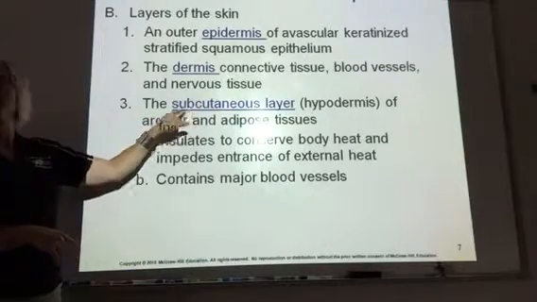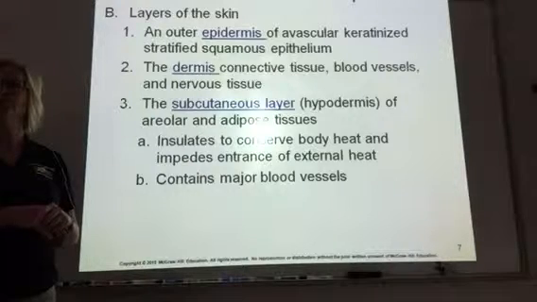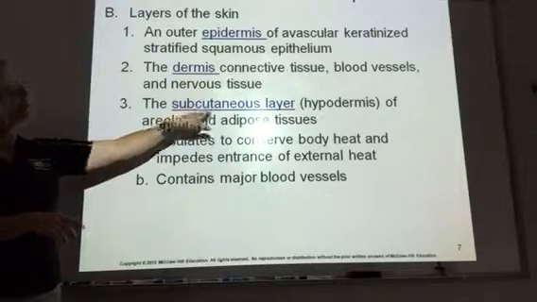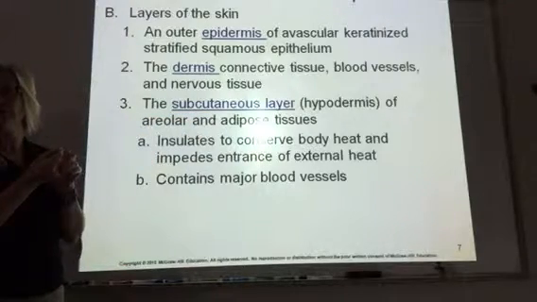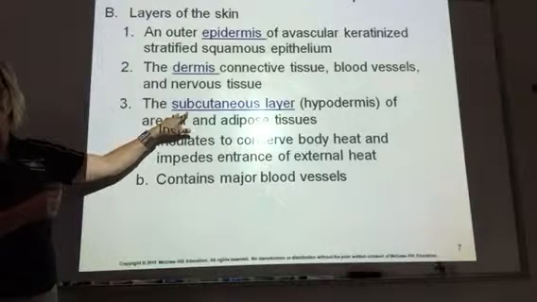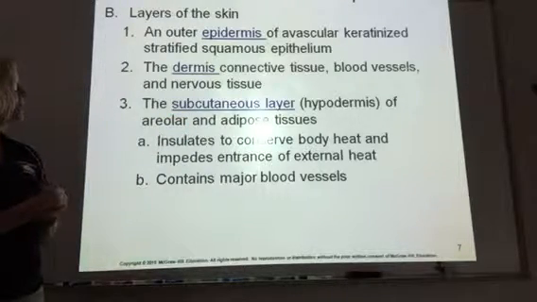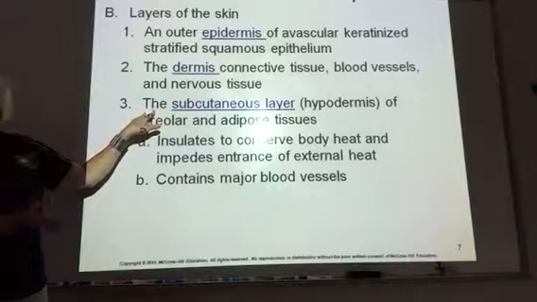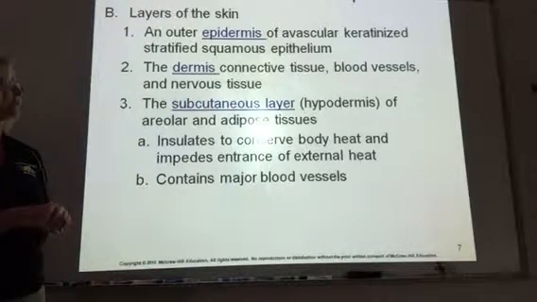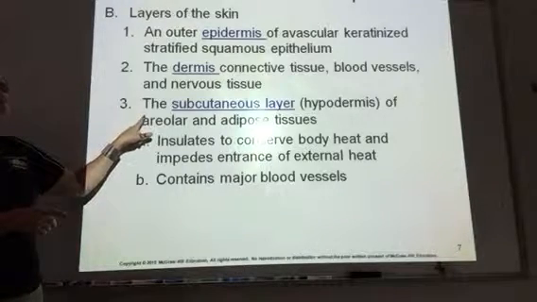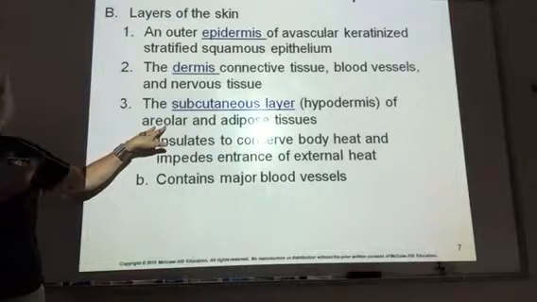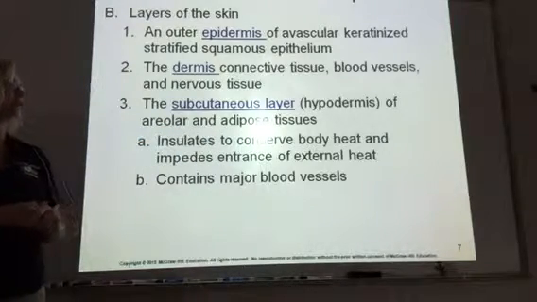Subcutaneous means directly under the skin, like a sub-Q shot. Subcutaneous, or hypodermis, they're the same thing, is the layer underneath the dermis. It has a lot of areolar tissue, lots of empty space, and adipose tissue.